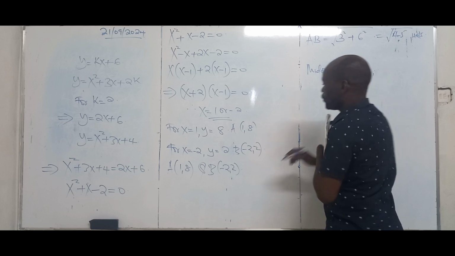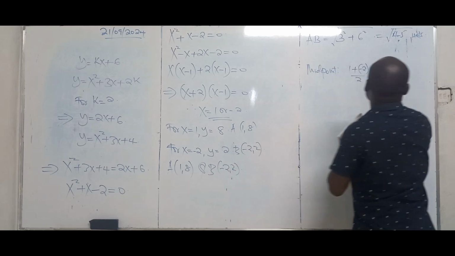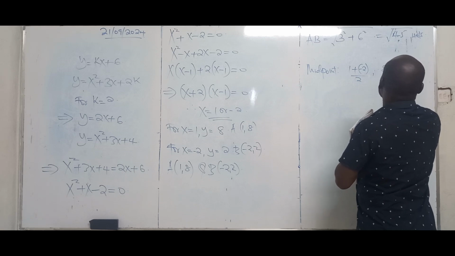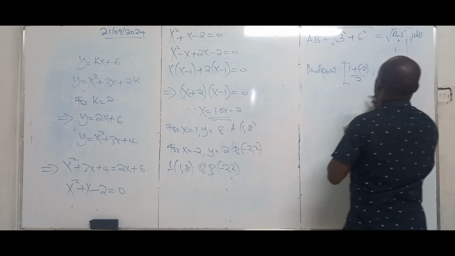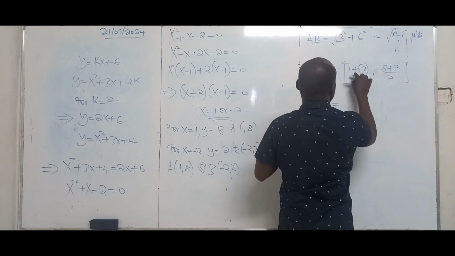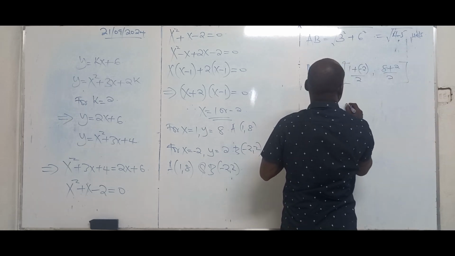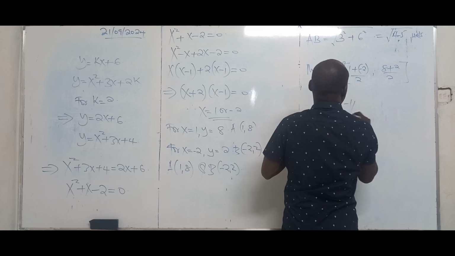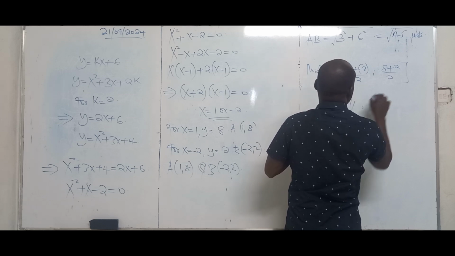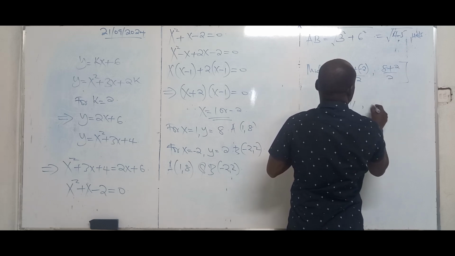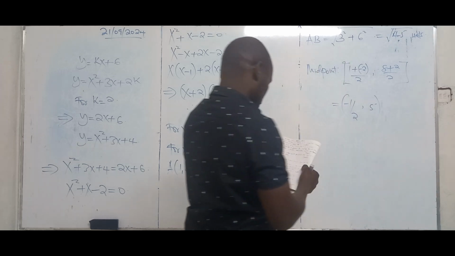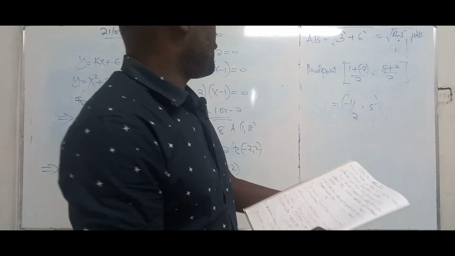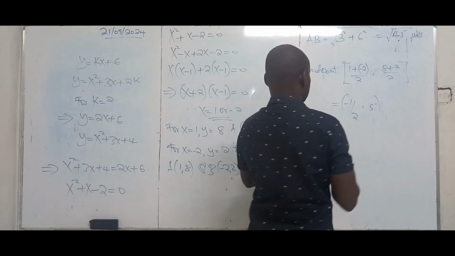That gives us the x coordinate. And then 8 plus 2 divided by 2. So this gives us negative half and 10 over 2, which is 5. Negative half and 5. Those are the coordinates at the midpoint of AB.